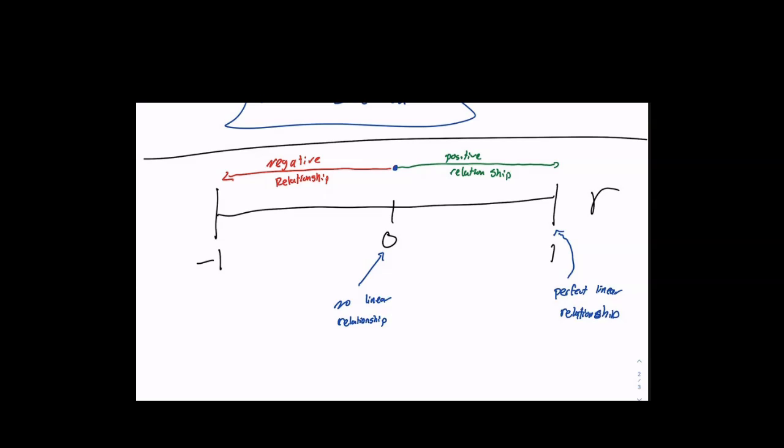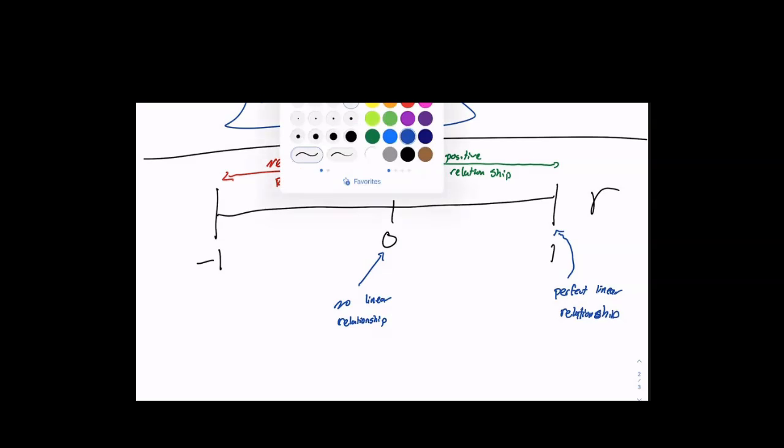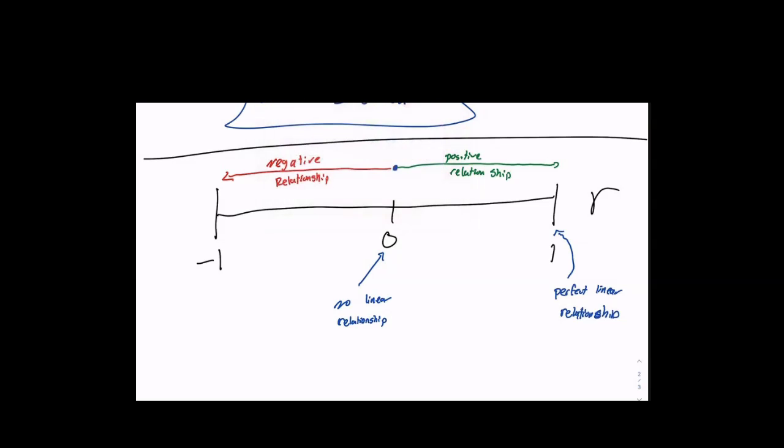So that means that if we were to be right here, what would you define a value of R to be that's right there? If R lands very close to 0, how would you describe that relationship? Where 0 is no relationship and 1 is a perfect relationship.